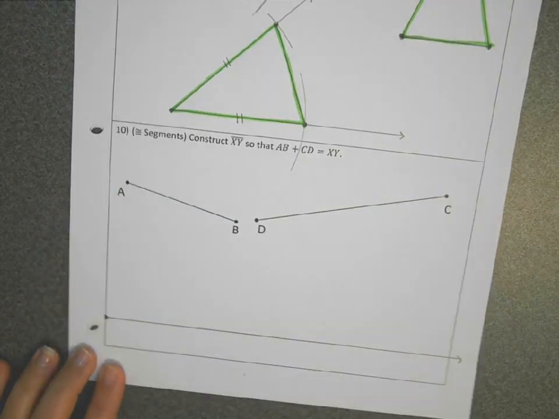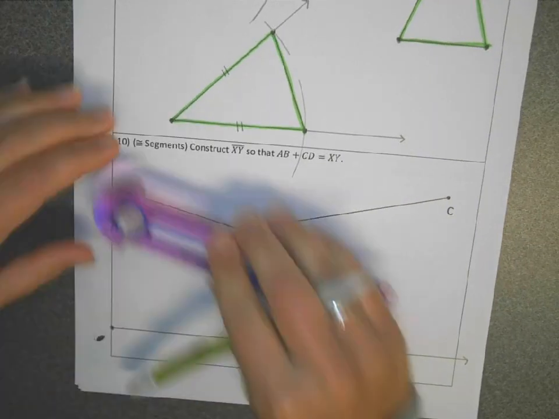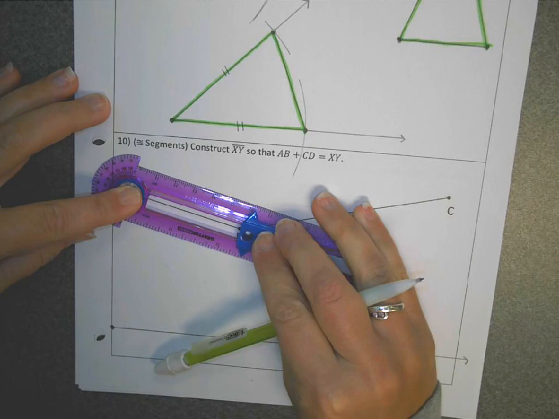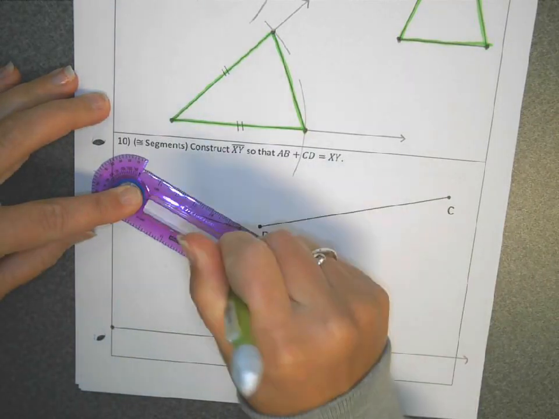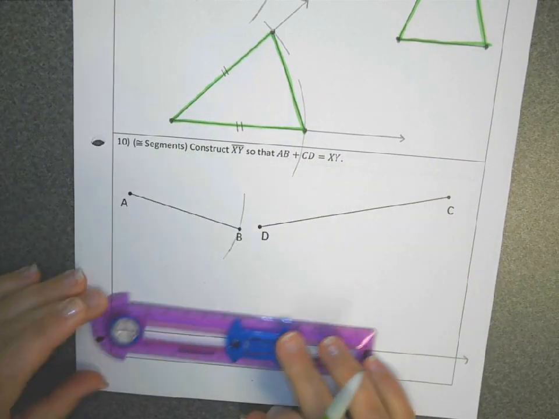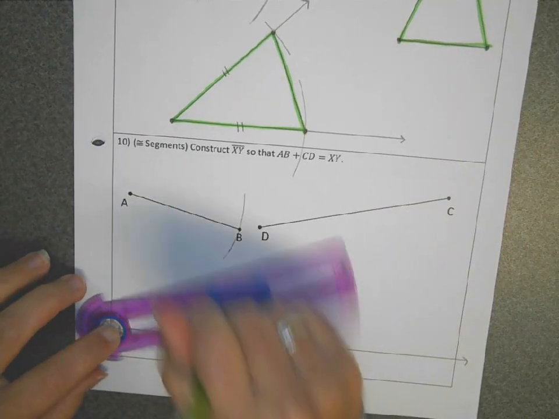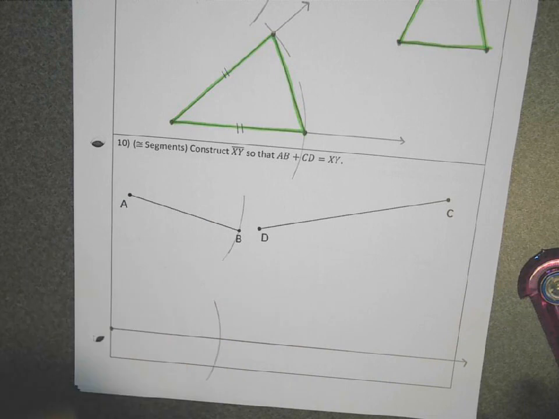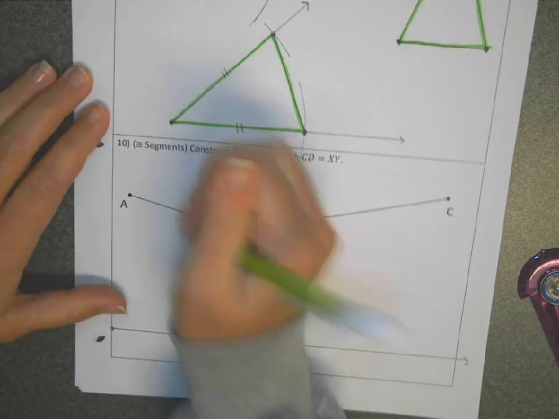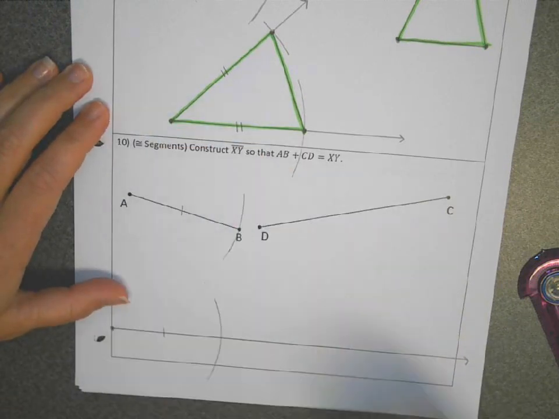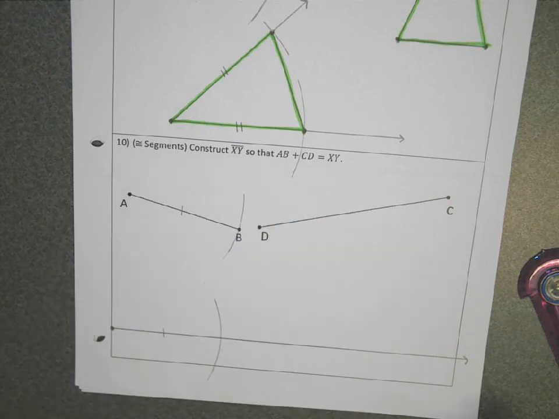So there's my ray. I'm going to take this first segment, make an arc. I'm going to measure that segment onto here. Again, make your arcs nice and large so you can tell that they were made with a compass. And this distance is the same as this distance here. Now we're going to add CD onto that.